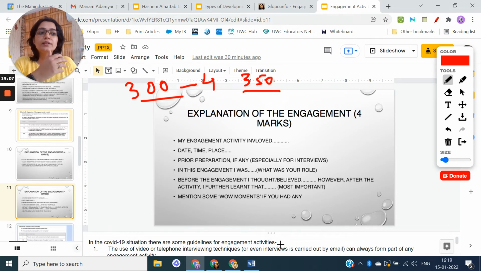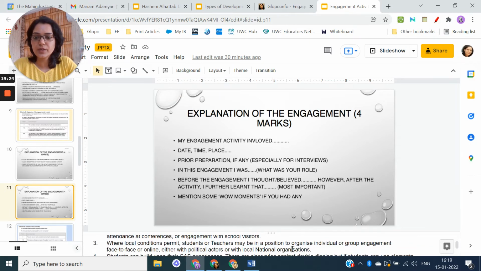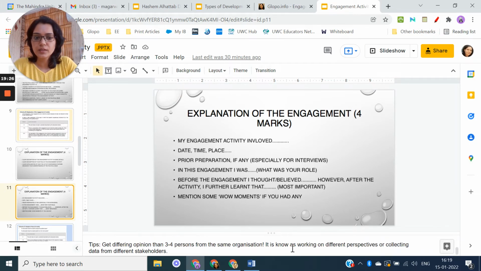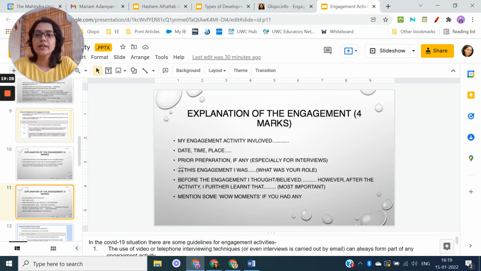And it's okay in case you have not met people face to face, or have not done any field work, internship, or something like that. It's completely fine. So these are the COVID-19 situation guidelines. Let me check in case I have written down anything else apart from this one. Yeah, okay, I have covered it.